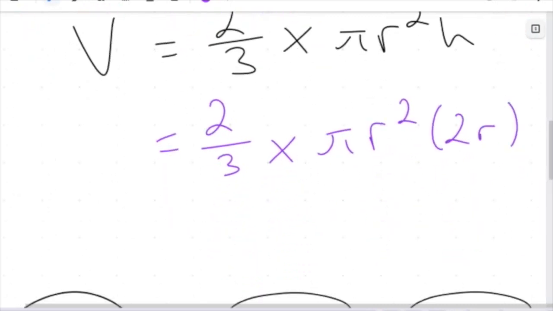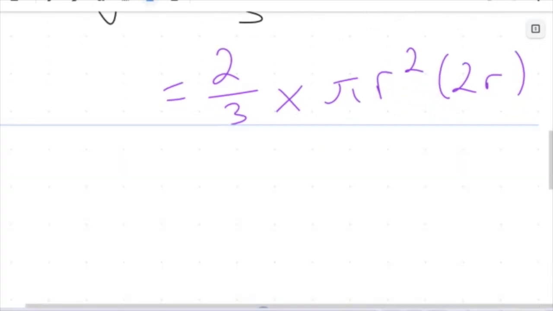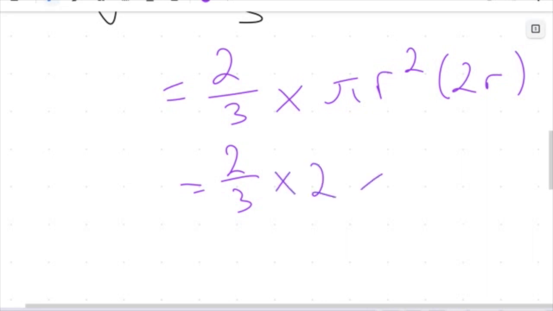Okay, now if I multiply this all together, then, well, let's group everything together in a nice place. So I'm going to put all the numbers together. So 2/3 times 2 times pi r squared times r.